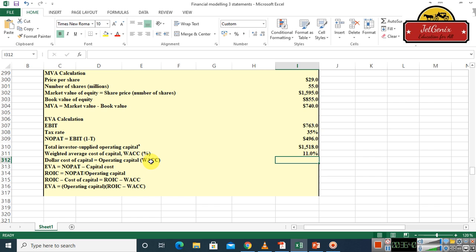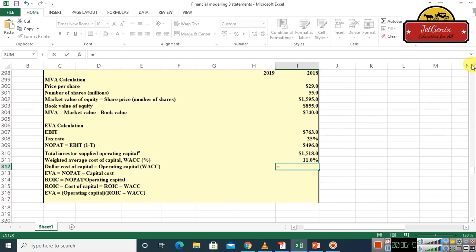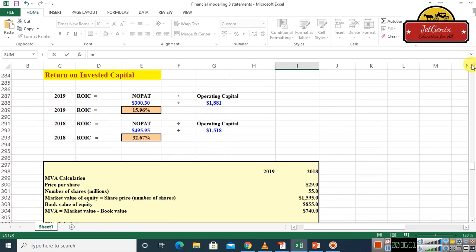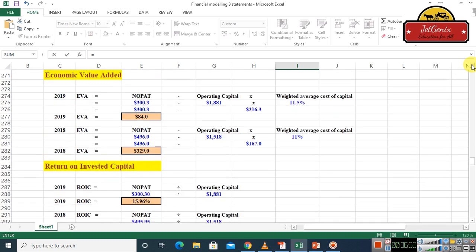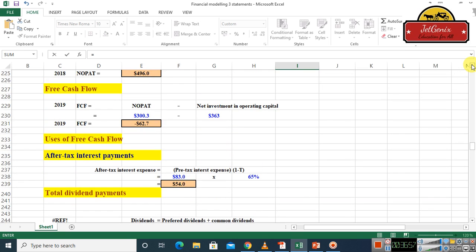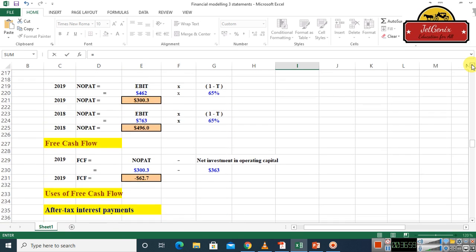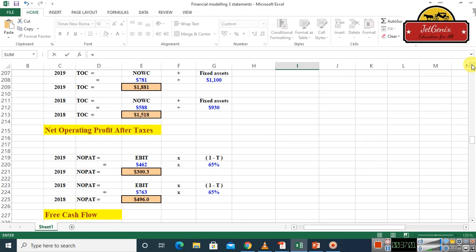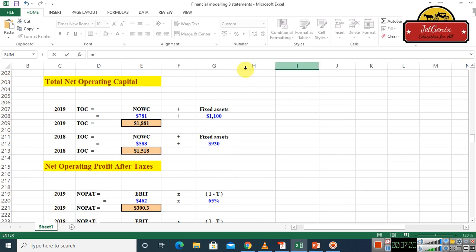So the operating capital for 2019, we have operating capital of 2018, we can find it somewhere here. Operating capital of 2018 is here.